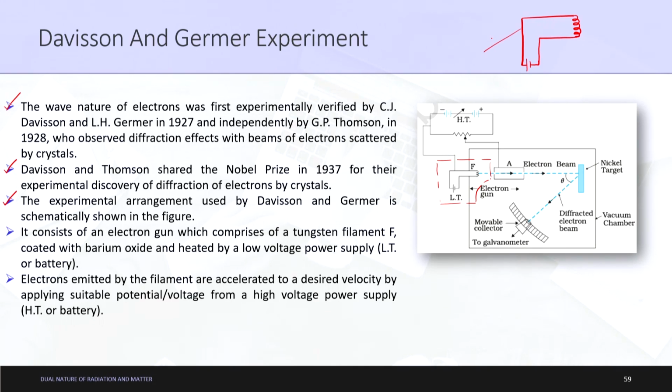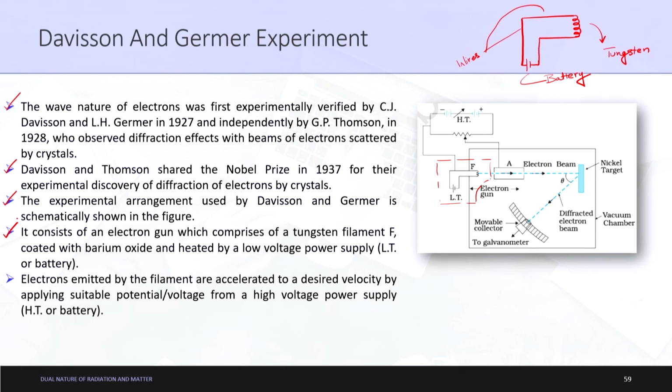These are just the wires, this is your tungsten and this is your battery. They are saying that this battery is a low voltage power supply. This has been explained, let us move on.